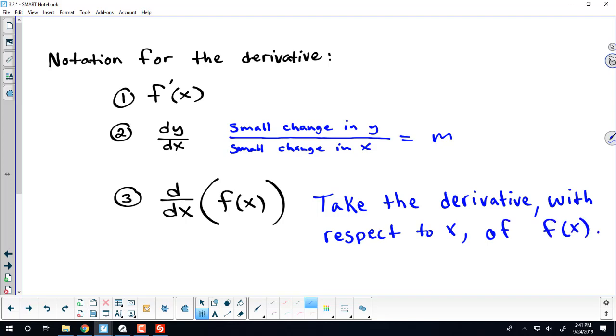Or take the derivative of f of x with respect to x, however you want to word that phrasing. So those are the three primary notations for derivative that we see.